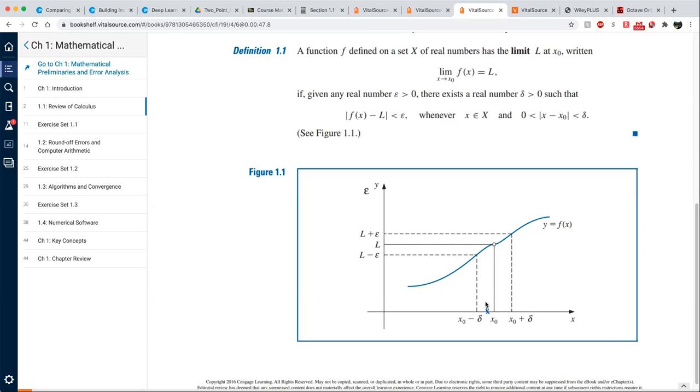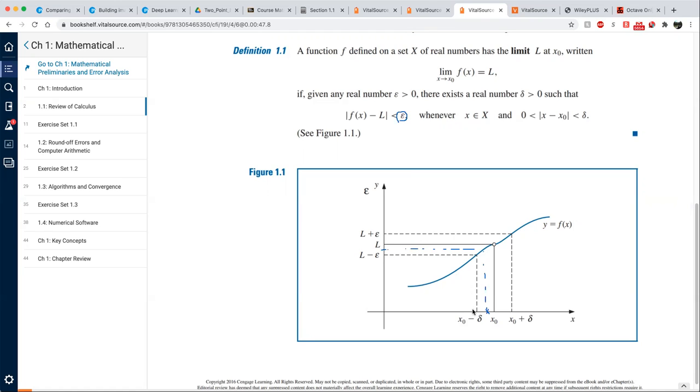Then f(x), the function value, is also close to L. So how close to L? This much, epsilon. So there exists epsilon.